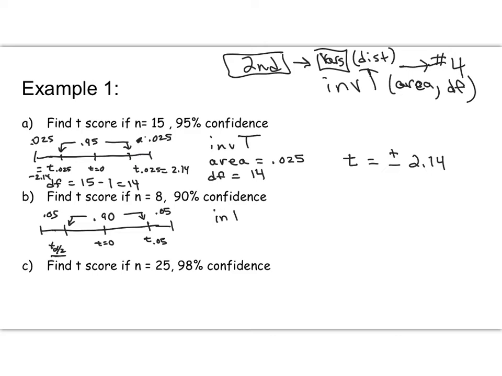So to find my t-score, I'm going to inverse t. I just need one of these t-scores, so my area is 0.05. And the degrees of freedom this time are not 14, but since my sample size is 8, n minus 1 would be 7. And when I calculate that, I get plus or minus 1.89.